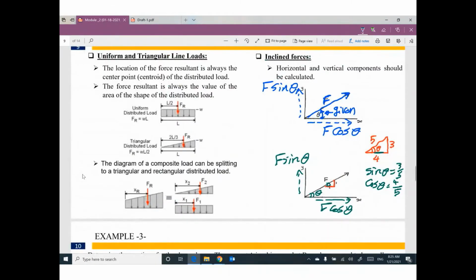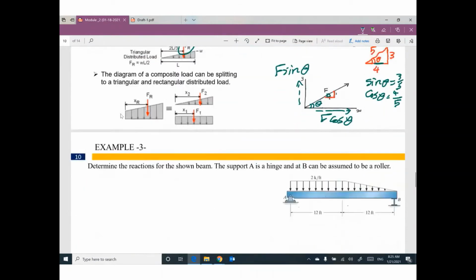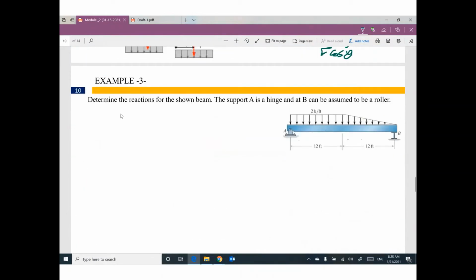So if you have uniform and triangular line load, I can get the equivalent force, and make sure you can understand where the force is. Let's start our first example, example number 3 for this problem. Determine the reactions for the shown beam where support A is hinge, support B is roller.